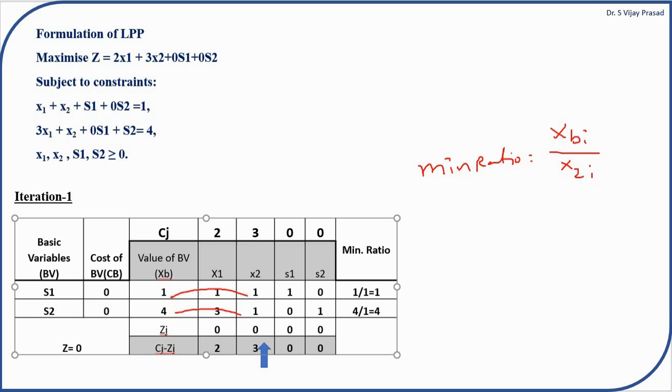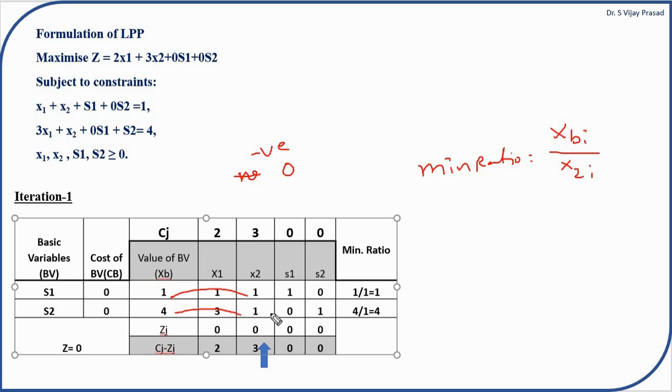After calculating the minimum ratio, you have to select the minimum one. When calculating the minimum ratio, in the selected column, if there are any negative values or zeros, we do not calculate the ratio for those elements.